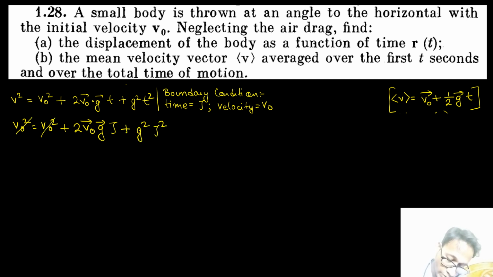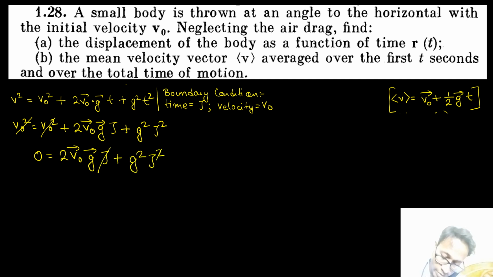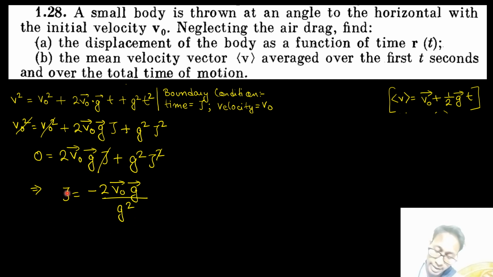V naught and V naught would get cancelled. 0 is equal to 2 V naught G tau plus G square tau square. This and this would get cancelled, or tau is equal to minus 2 V naught G by G square. This tau is nothing but the total time of projectile taken, and we can substitute this tau out here.